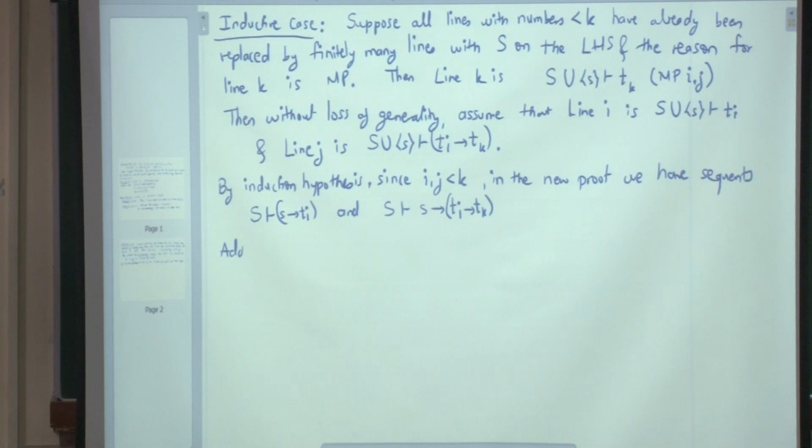So add lines. S proves that S implies Ti implies Tk implies S implies Ti implies S implies Tk. And what is the reason for this line?